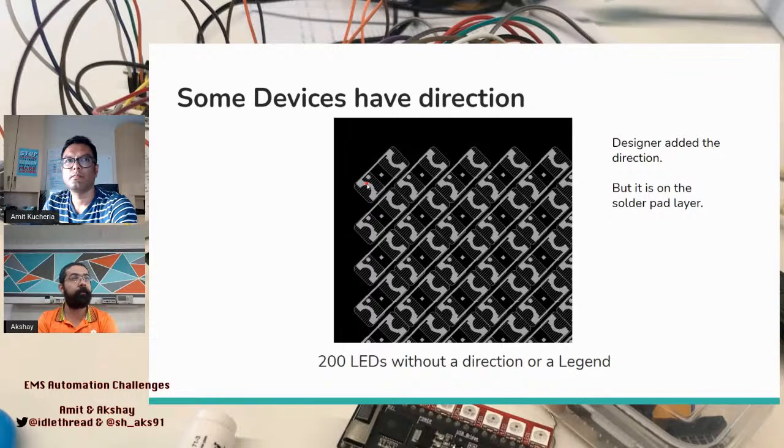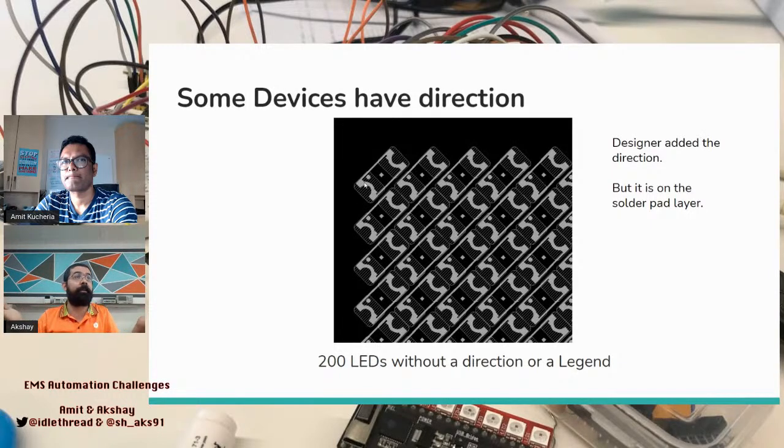That's where you solder. But he still made one error. He did not look at another layer, which is called the paste layer. So when the PCB actually got manufactured, the dot did not show up because this got taken away from the paste layer. Now we have 200 LEDs with no names and no direction.